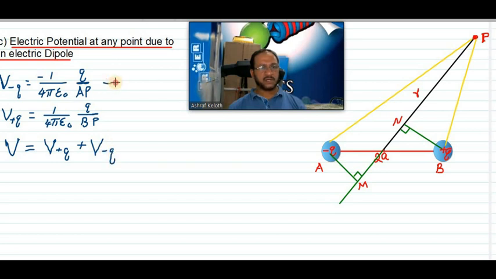You take this as equation number 1, this as equation number 2, this as equation number 3.